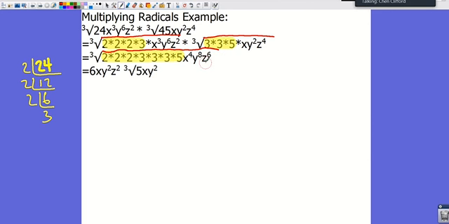So now, I just combined the yellows. Now, there's 3 x's here, 1 x here, so there's 4 x's there. There are 6 y's here, 2 y's there, which add up to 8 y's.